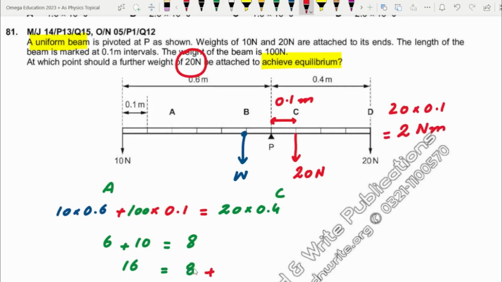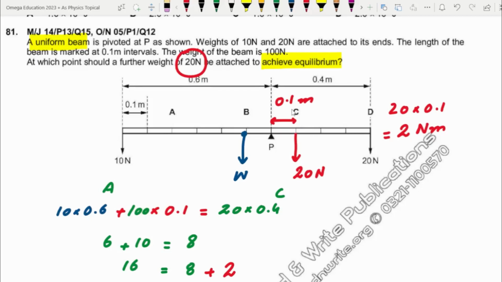And you can't have 10 plus 2 equal to 16. You still need to ensure that the clockwise moment of force is also 16. If you add the force at the point C, you get an extra 2 Newton meter, but that is not enough to achieve equilibrium because you're still short by 6 Newton meter.